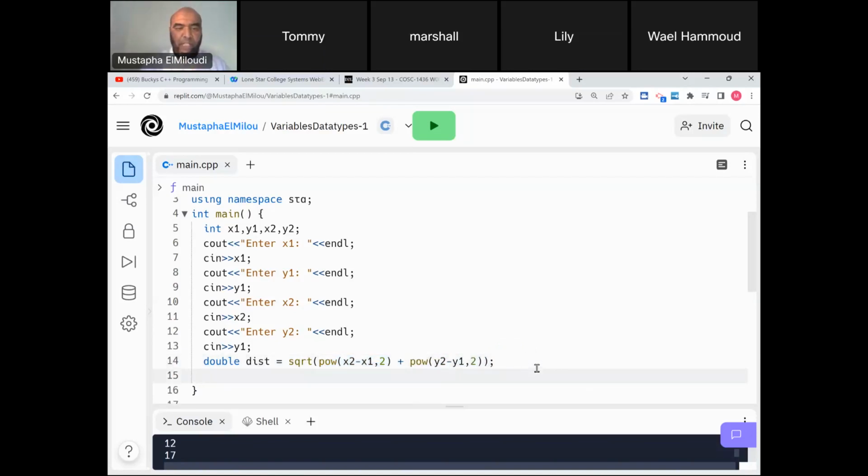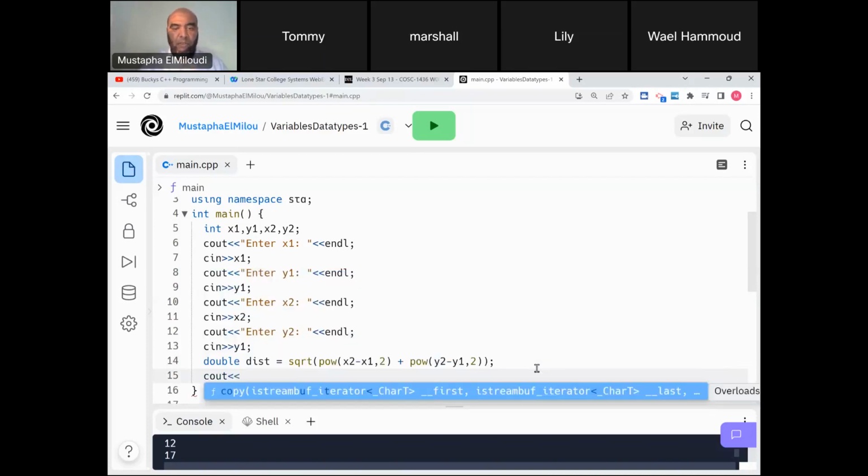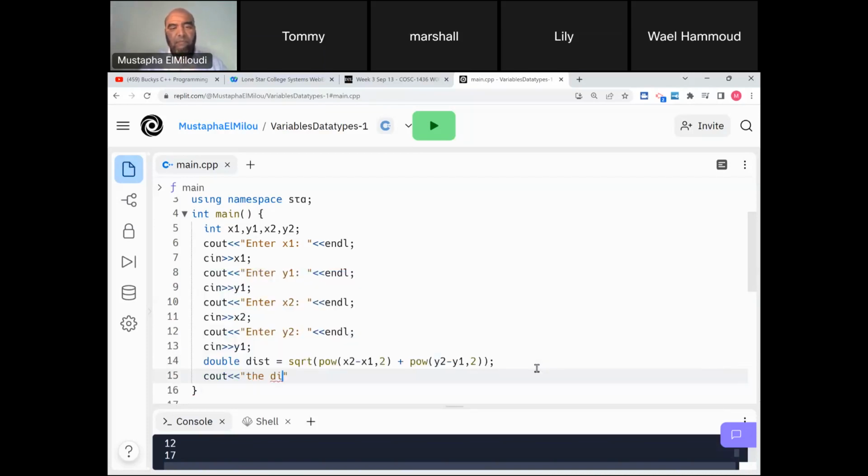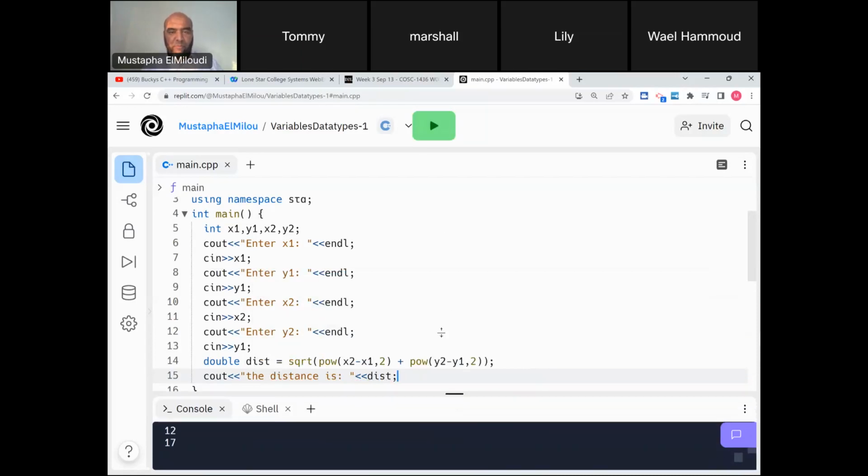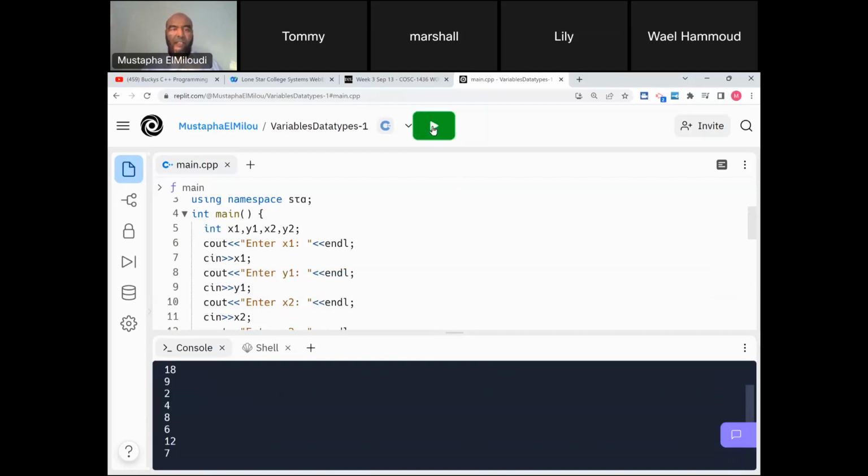So now if I print the distance is, and then I'm going to put this. So that's going to give me, let's find out. Of course, it's going to prompt me to enter numbers, right? So I'm going to put here, let's say enter x1.